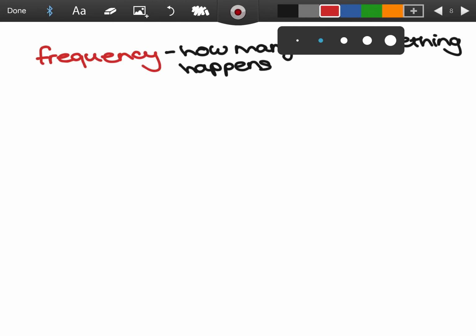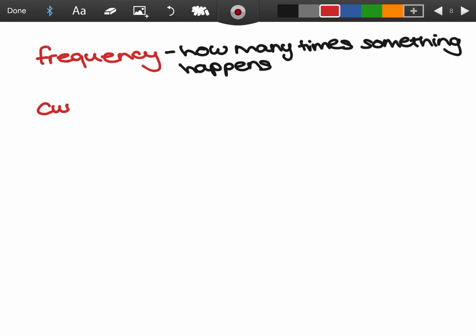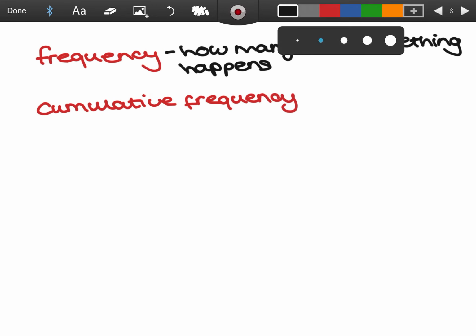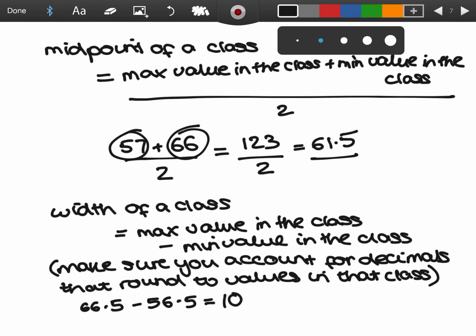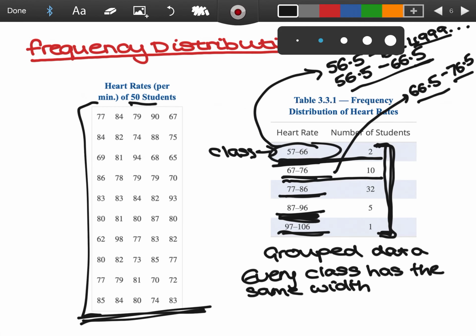Okay, next we have cumulative frequency. Cumulative frequency, all this does, and we use this down the line as well, is when you add together everything in that class with everything that came before it in previous classes.